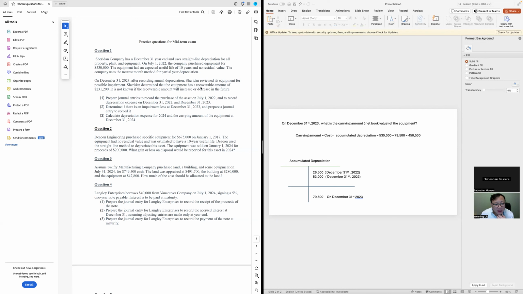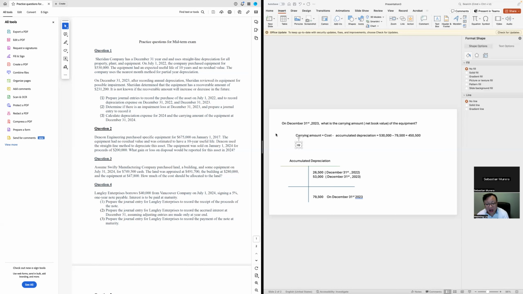The company determined the recoverable amount equals 231,200. So they think the equipment has a recoverable amount of $231,200.